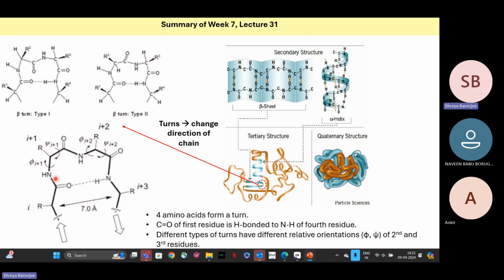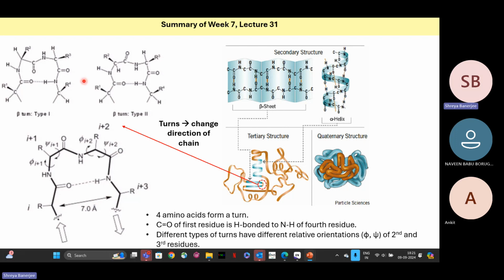And in the turn, there is an intramolecular hydrogen bond between the CO of the i residue and the NH of the i plus third residue. Normally in a turn, these two strands come close enough that the C alpha of i and C alpha of i plus 3 are within 7 angstrom of each other.